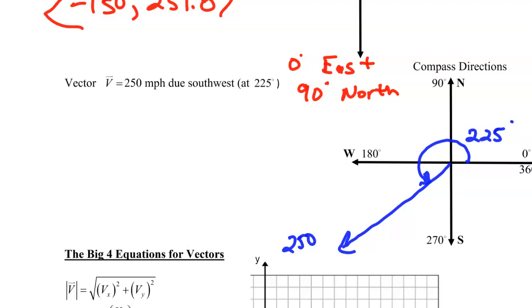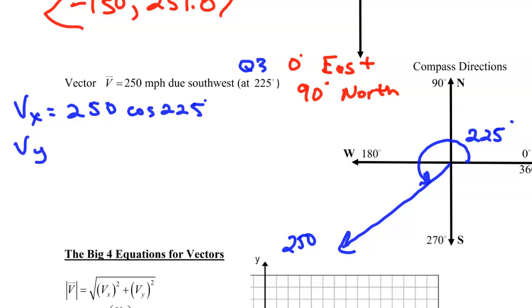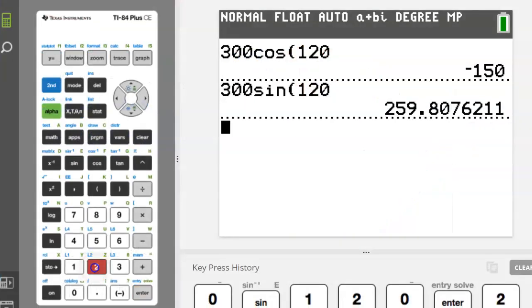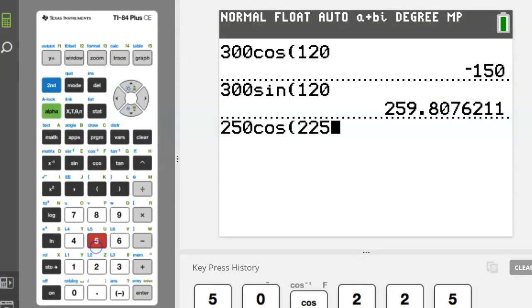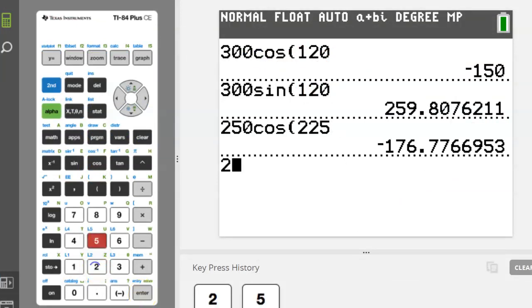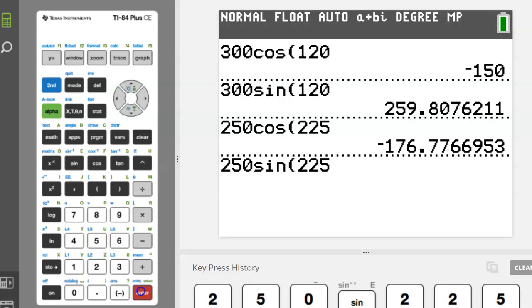If I notice, 225 degrees is in quadrant 3, and let's do my x and y component. Well, the x is 250 cosine 225. The y is 250 sine of 225. And again, I can go to my calculator. 250 cosine 225. 250 sine 225.